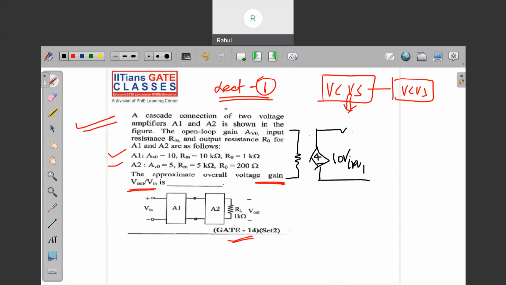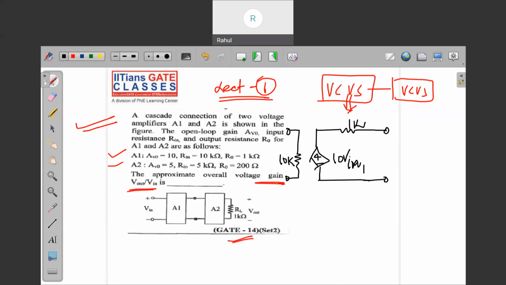This amplifier will have an output resistance of 1K, and the input resistance was 10K. So this is the input port, and the output resistance is 1K here. Now A2 will have an input resistance, which acts like a load for A1.